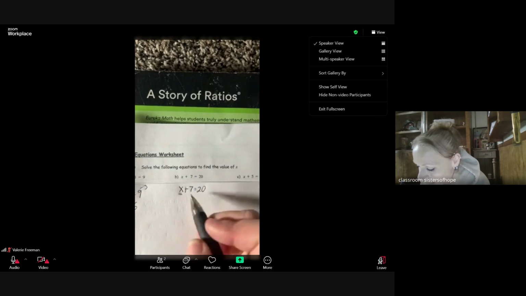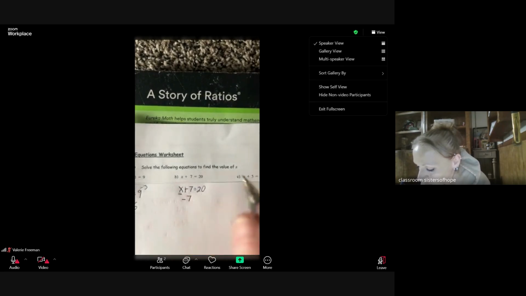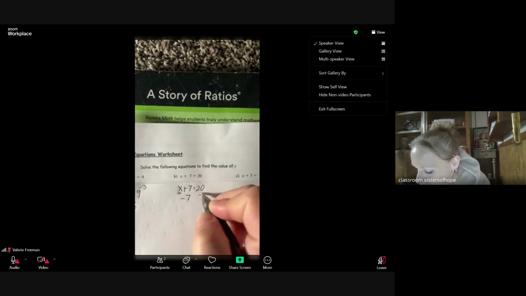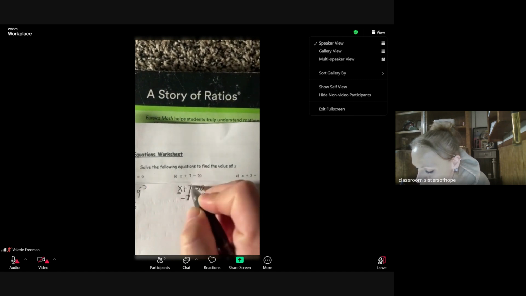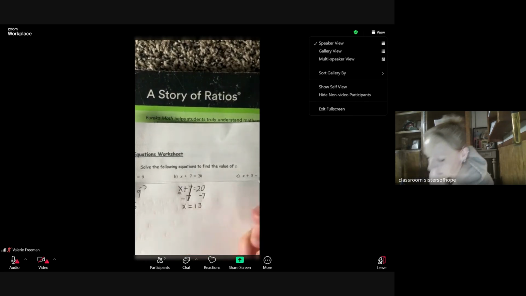If I have to add 7 to get 20, to get the x by itself, I have to take away 7. And if I do it to one side, I have to do it to the other. So take away 7 there. Those two cancel out. 20 minus 7 is 13. So x is going to equal 13 in that one.